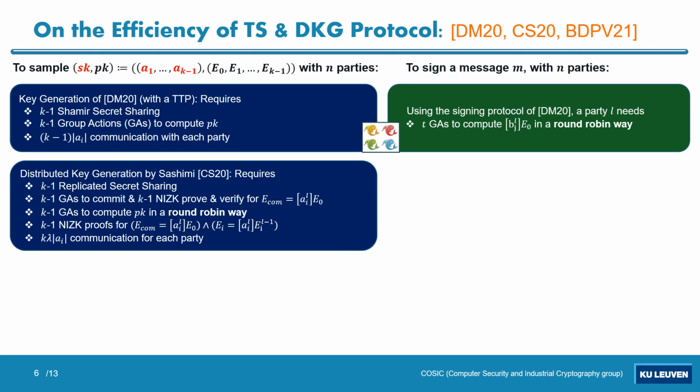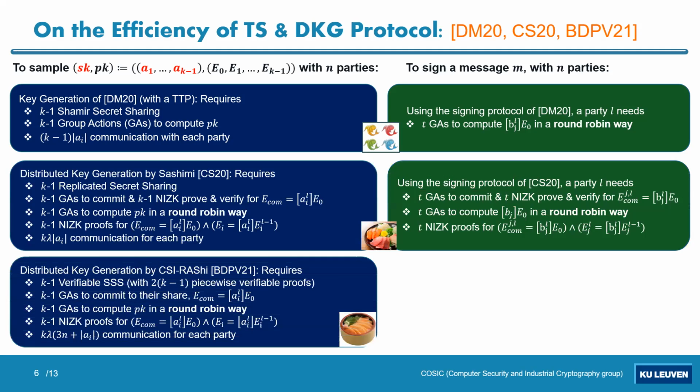And here we have Sirashi, which is just key generation, not signing. In almost all of them, since we have K-1 keys in CSI-FiSh, you have to do many things K-1 times: secret sharing K-1 times, committing K-1 times, proving, and then you have to use this commitment to generate a key. Again, you have to repeat many things K-1 times because of the K-1 secret keys.